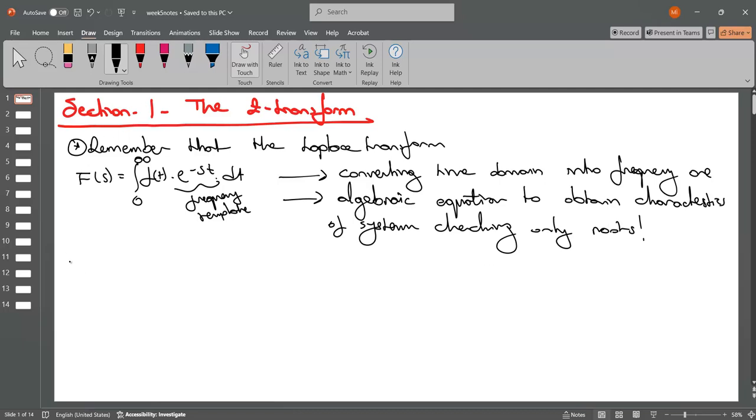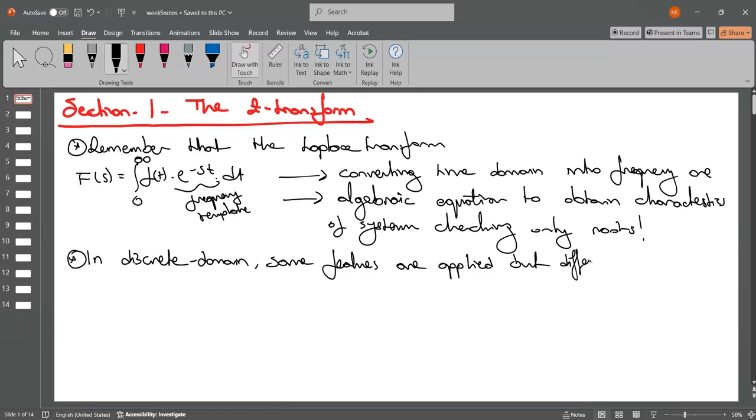But in the discrete domain we have different properties, okay? Same features are applied, but differently, okay? First of all, we need to say that dt going to 0 is not satisfied, which means that we have a sampling period. Just remember the previous lesson, okay?